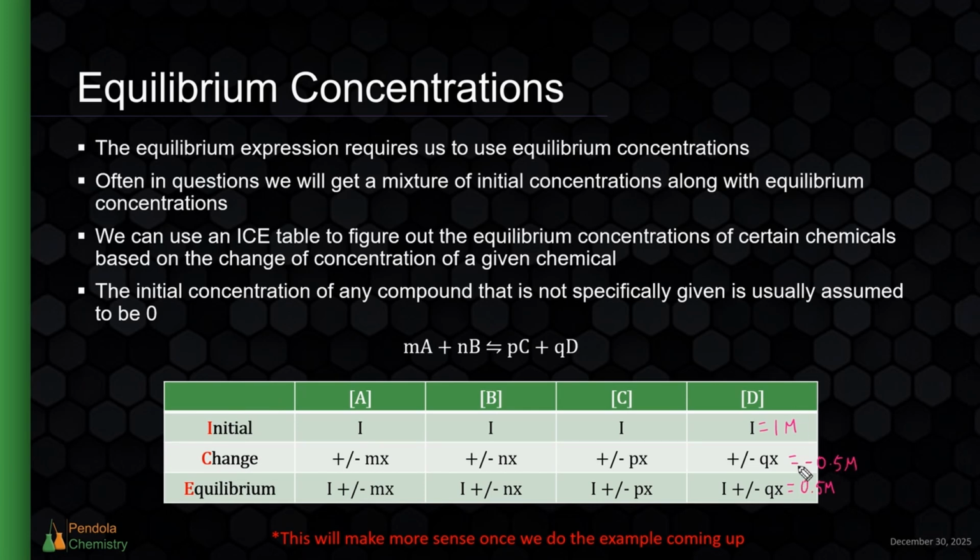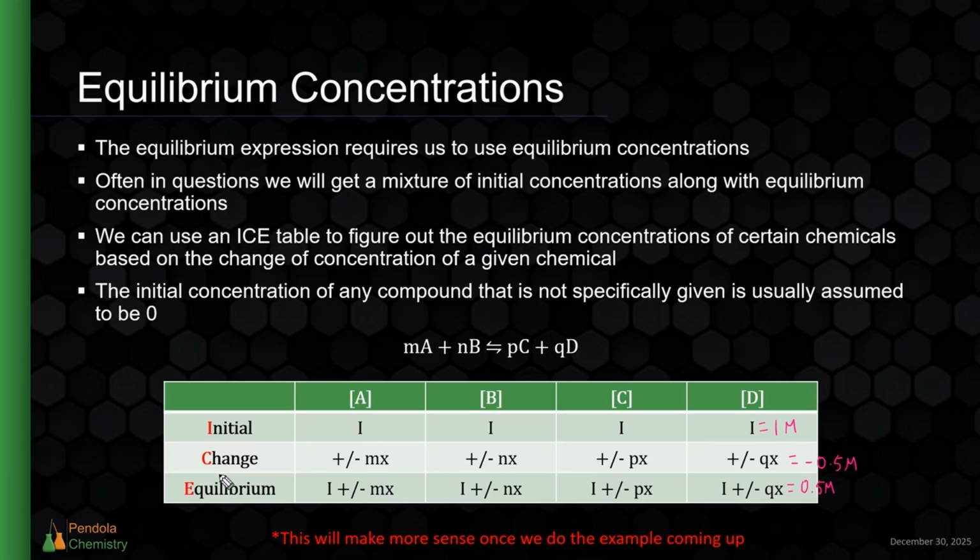We lost 0.5 molar. That's what the change row is talking about. It's about figuring out the change for a reactant or product that we have both the initial and equilibrium concentrations for.